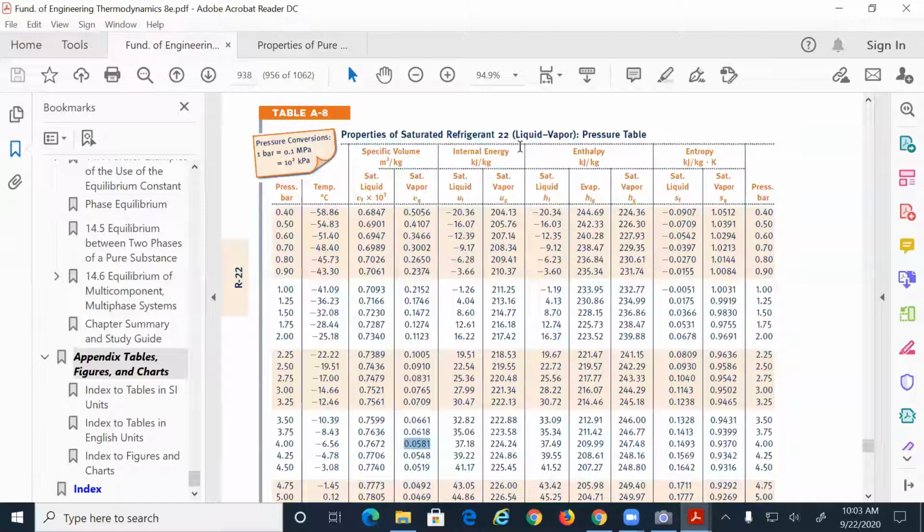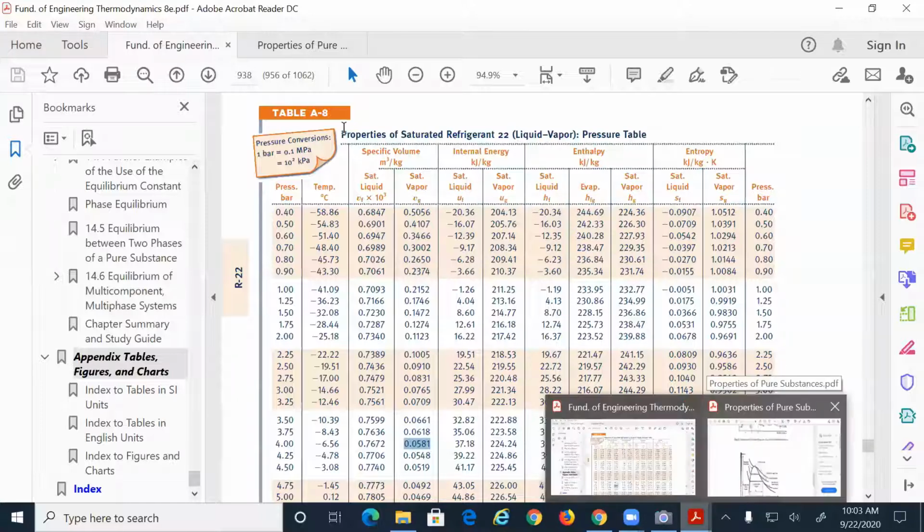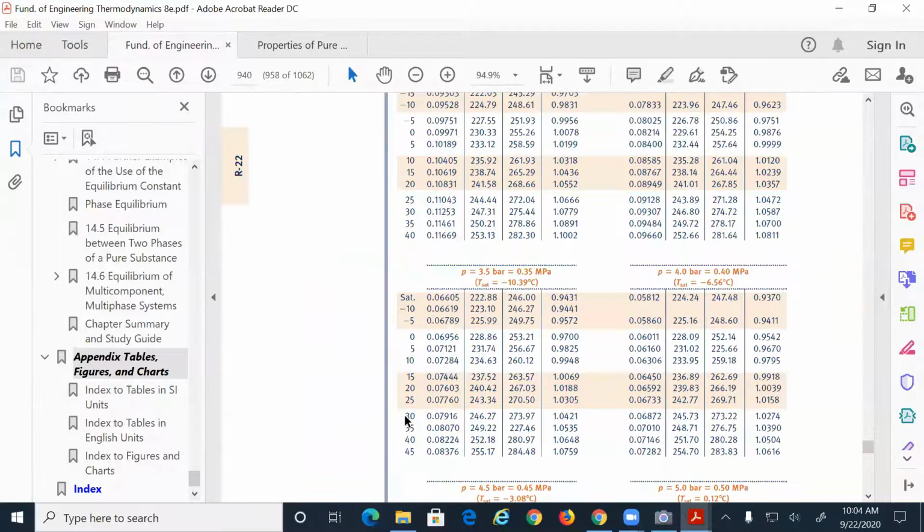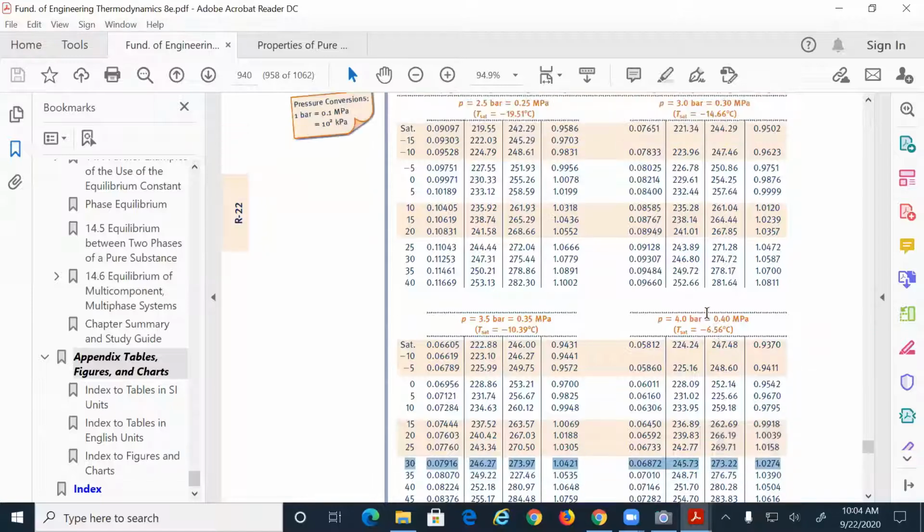All right. So now we are in table A9, and what do we know from the problem? We know that the pressure is 4 bars. So let's look at 4 bars over here. Here we are. Now, in this case we are not dealing with this line. Our temperature is 30 degrees, so I'll go to the line of 30 degrees. Where are the V values?